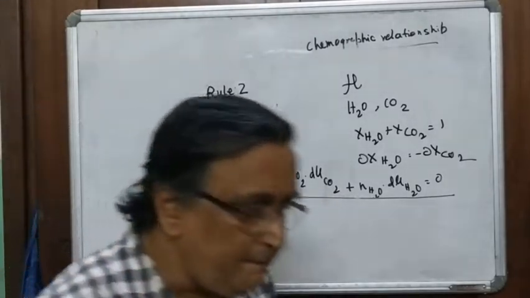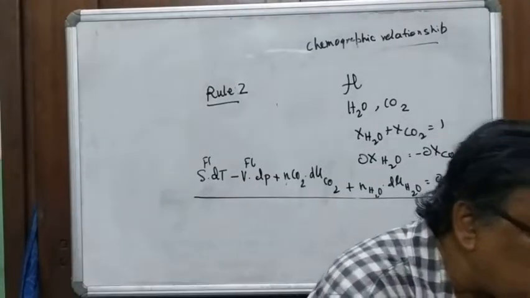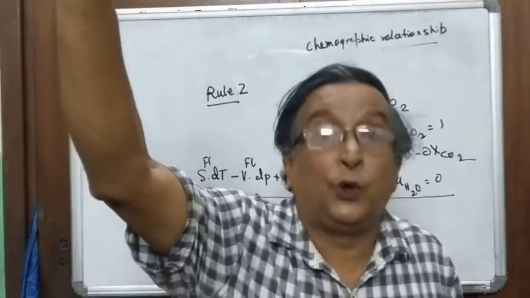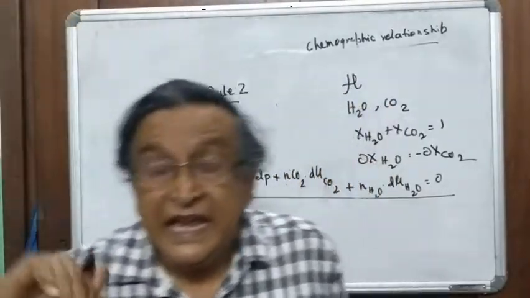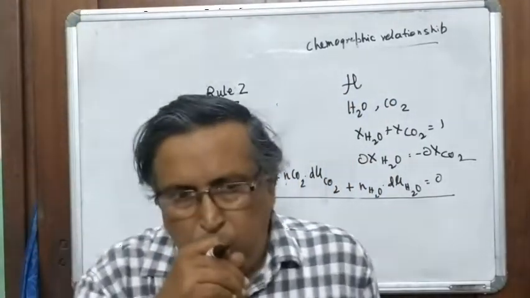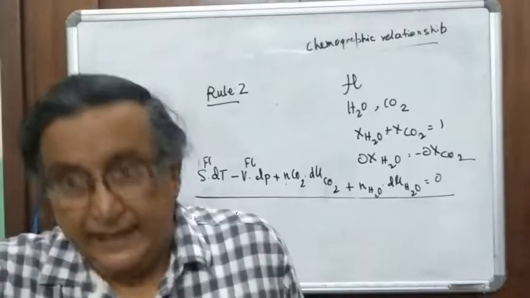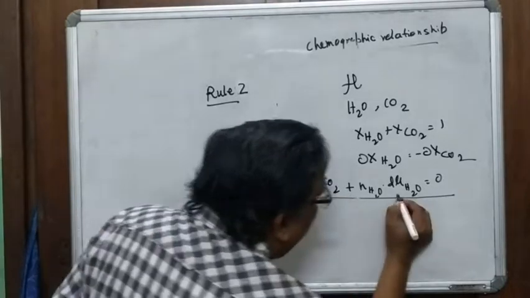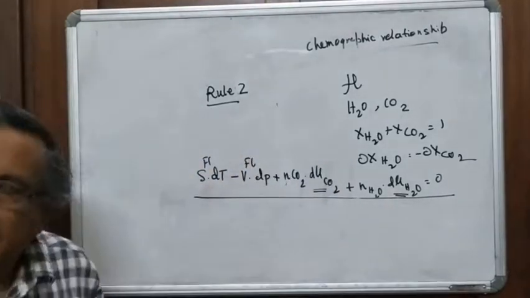Now what is the problem? The problem is components whose chemical potentials are externally controlled. Externally controlled means it cannot vary. So mu CO2 and mu H2O can't vary.